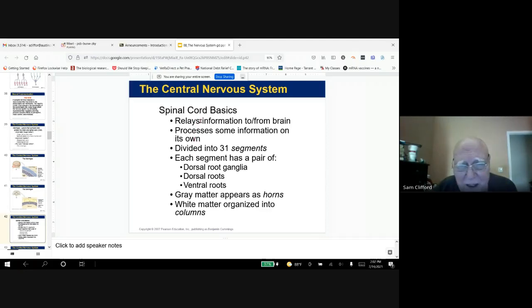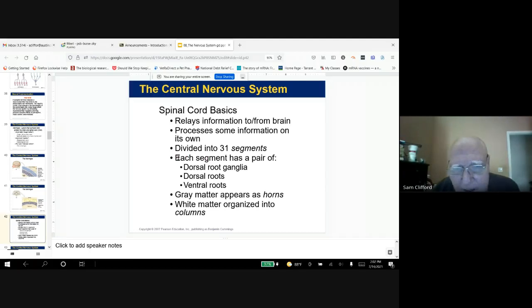So we have plexi. So information that is involved in the neck is the cervical plexus. Involved in the upper arm is the brachial plexus. So there is specialization for these nerves that carry information to the central nervous system and carry information away.